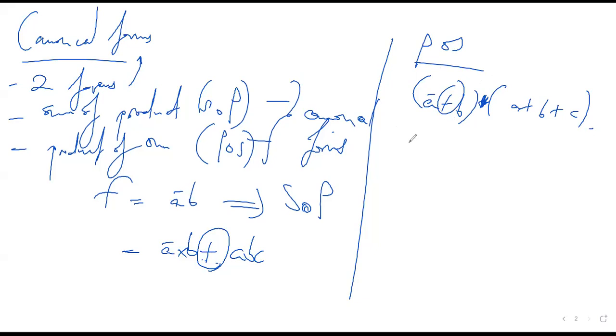We have sum of products, a sum of these products, like A, B, C, that's the product. Here we have product of sums: the sums A plus B plus C, and the product of those sums. Those are the two canonical forms which help in the representation of functions. So when you talk of Boolean algebra, we have two forms of representation, SOP and POS.